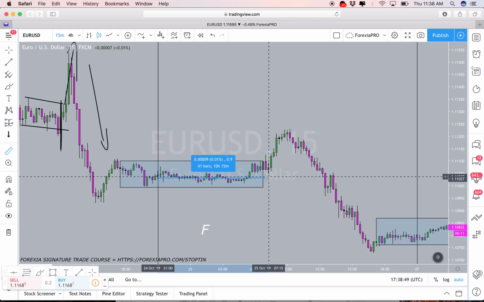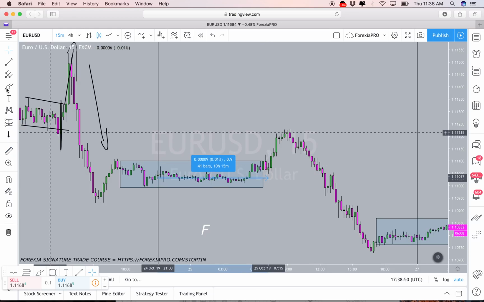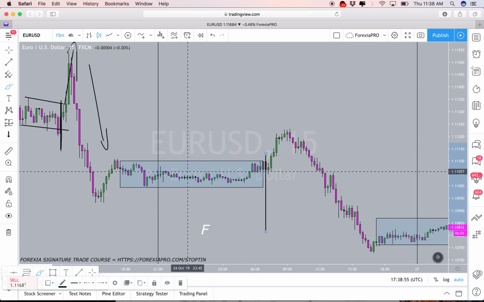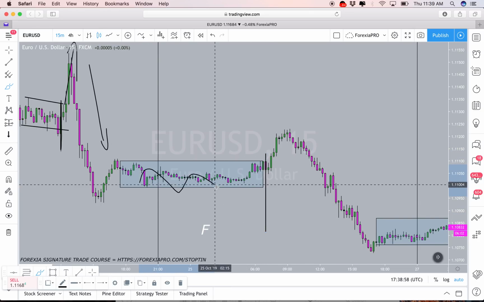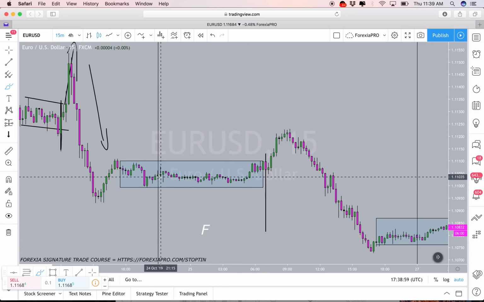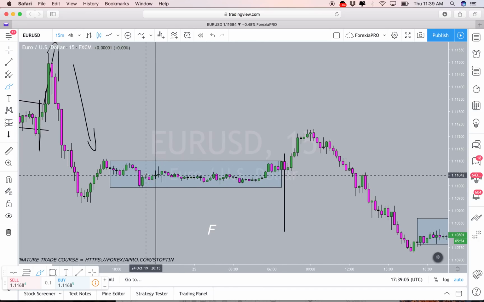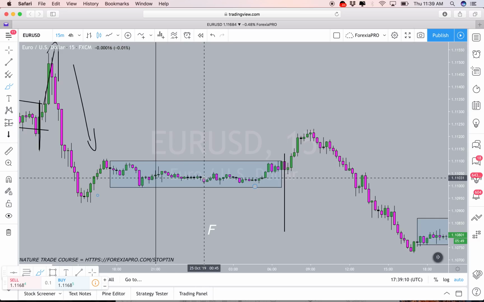London session right here. In this candlestick right here. Asian session consolidation. Who would want to trade this? I feel bad for anybody that doesn't understand, because I was once trading this and it felt terrible.